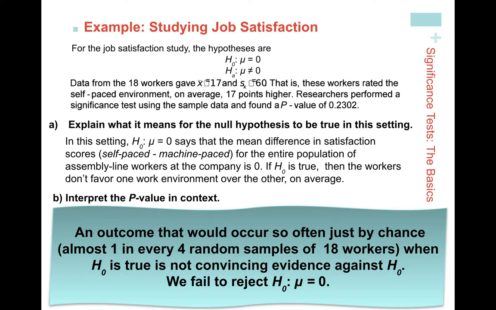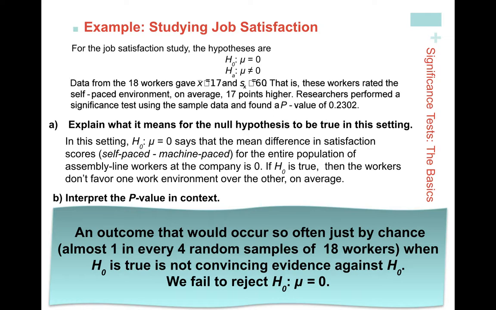When you do a significance test, your two answers are either going to be we reject or we fail to reject. Okay, we never say that we accept H null. Okay, and even worse than that, if you say we accept H null, you'll get huge points deducted.